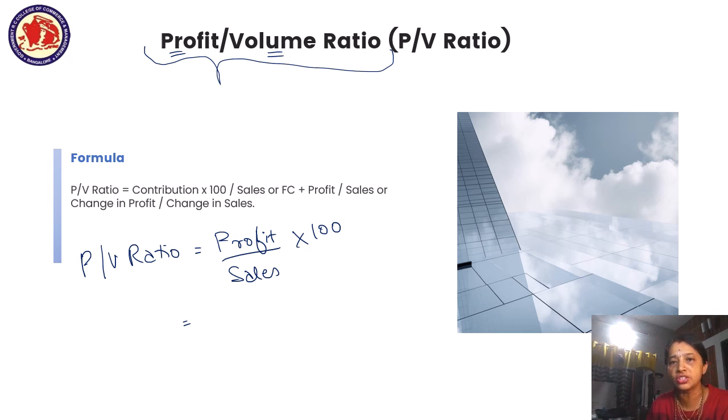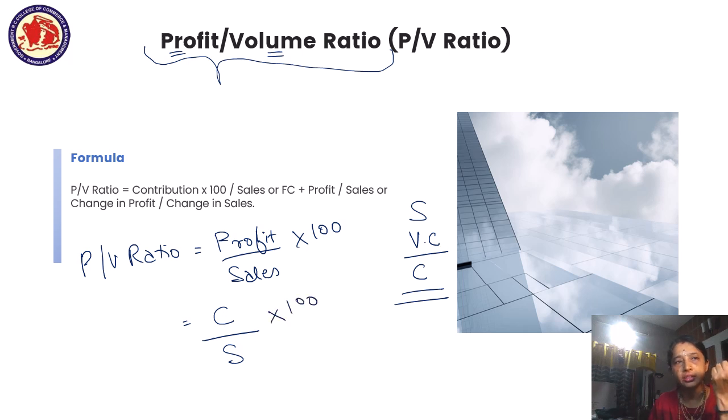If you look at your marginal costing statement, sales minus variable cost is contribution. We talk about contribution over here. When we talk about profit, we are not talking about the profit which we get after subtracting the fixed cost. We are talking about the contribution. So profit will be substituted by C divided by volume, meaning sales, into 100.